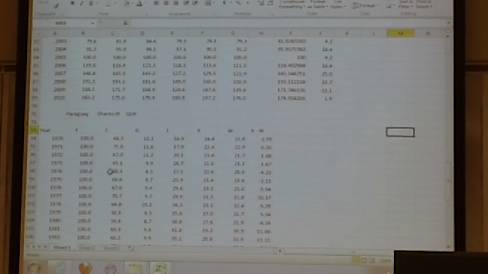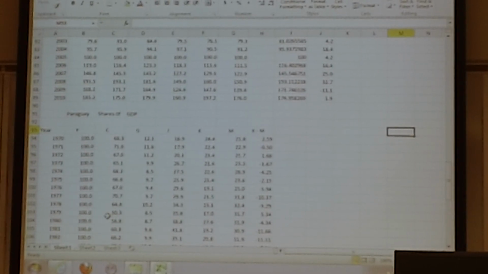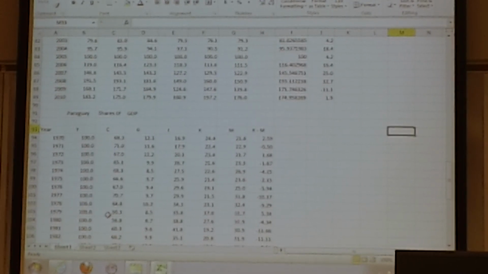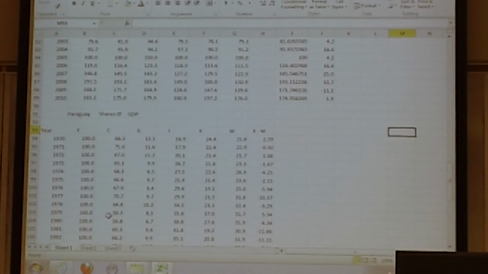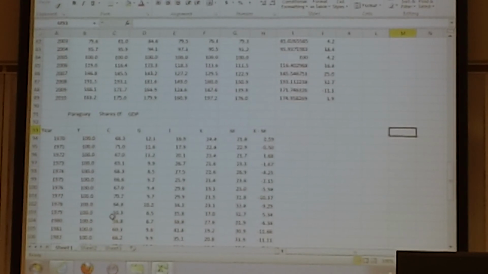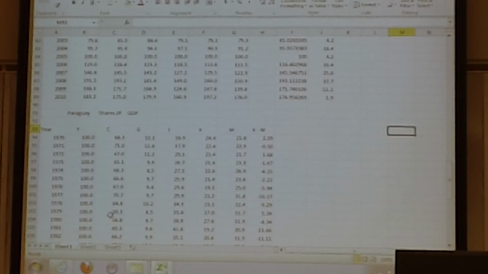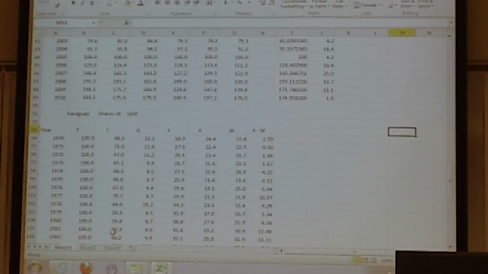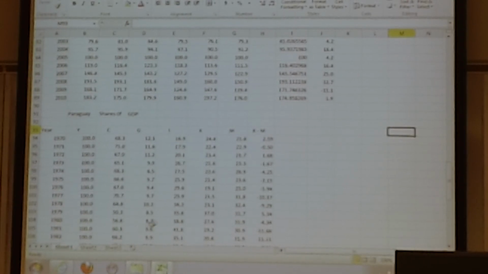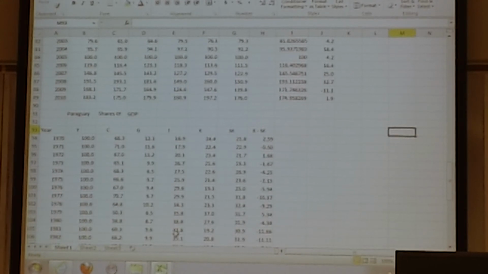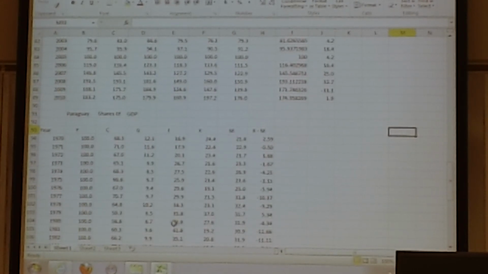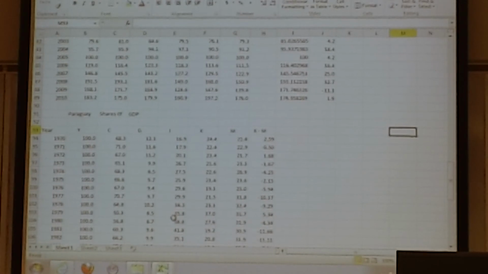So, if we look down the C column, we notice that it's pretty well behaved until we get to 1979. Suddenly, there's a big drop in 3 years. And there's a big drop in government. But there's a big increase in private investment. So something was happening here.